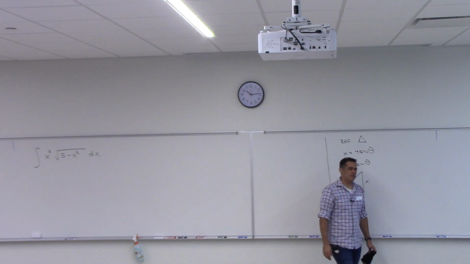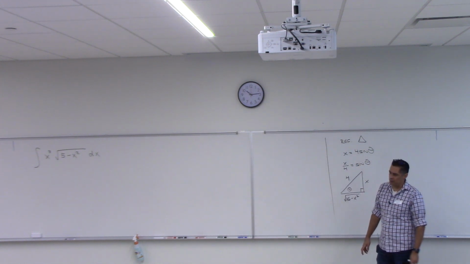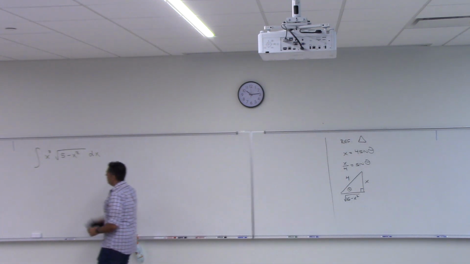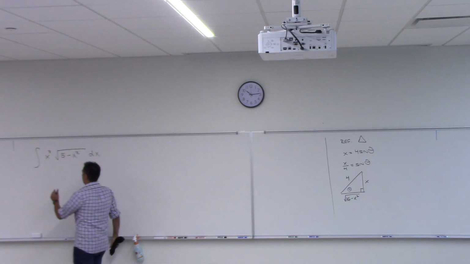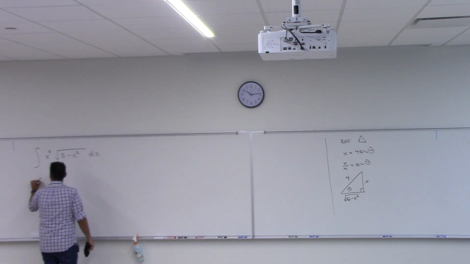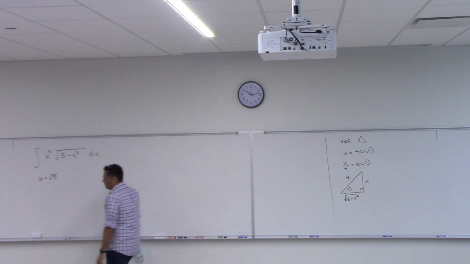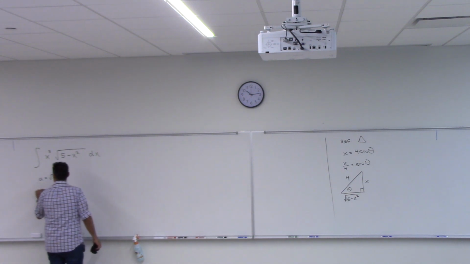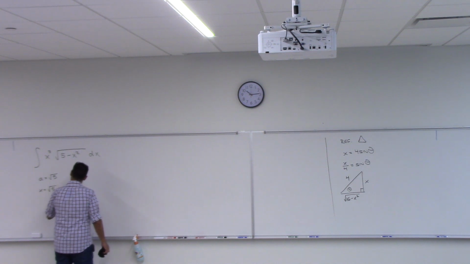You might be able to brute force your way through this without doing trig sub, but I'm going to do trig sub. Do y'all see the a squared minus x squared underneath the root? To do this, I recognize that a is the square root of 5, not 5. And then I'm going to make my trig sub x equal to a sine theta.